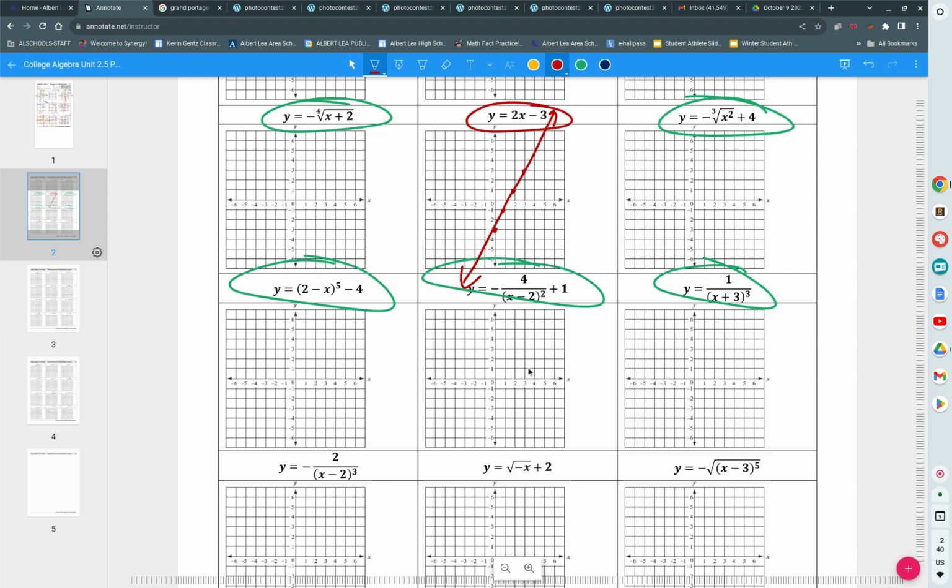Last one we do is this one right here. And this reads the negative x raised to the 2/3 power plus 4. And the parent function for x to the 2/3 power, let's just think about it. What happens when you square something? You make it positive.